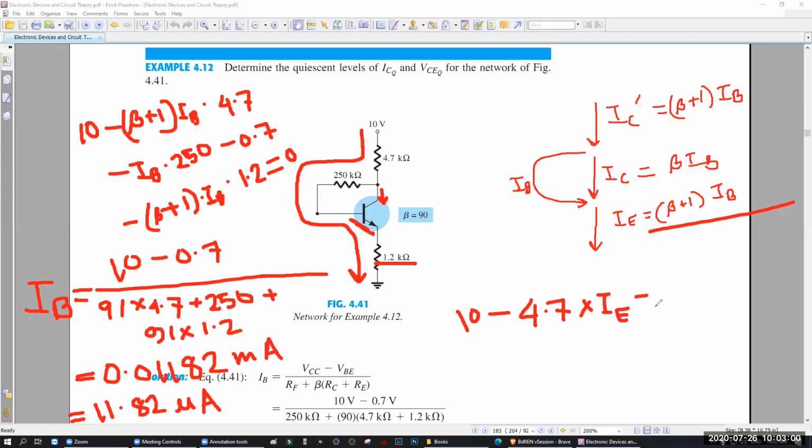Minus VCE, minus 1.2 into IE, right? Here, can you see there is no IC? The IC is not used anywhere, because IC is not going through any resistor.